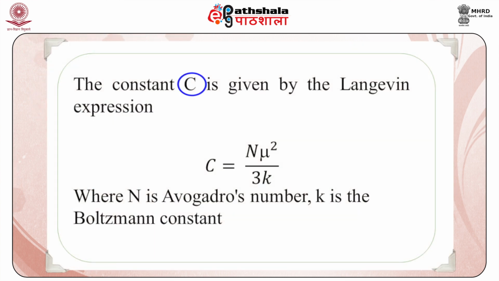The constant C is given by the Langevin's expression C is equal to Nμ² upon 3k, where N is the Avogadro's number, k is the Boltzmann constant. It may be noted that if magnetic susceptibility obeys the Curie's law, then magnetic moment is independent of temperature.